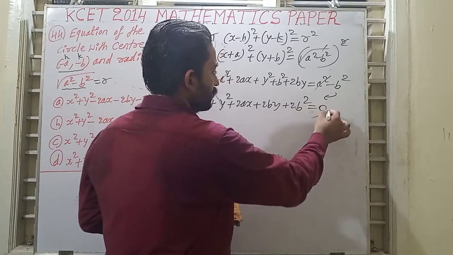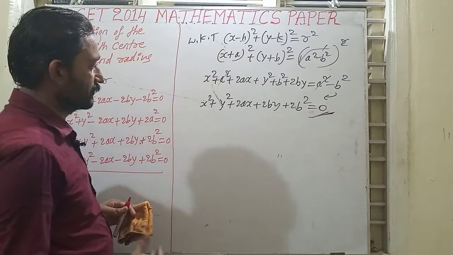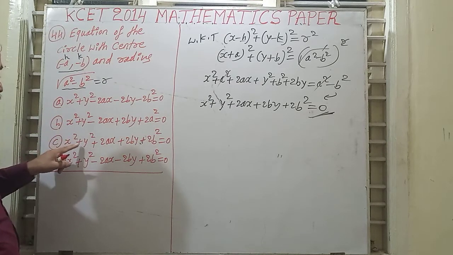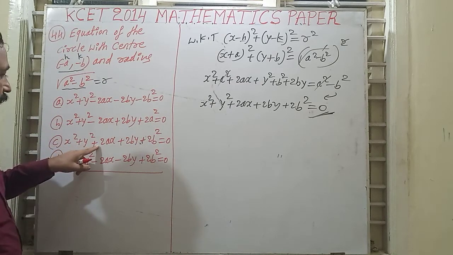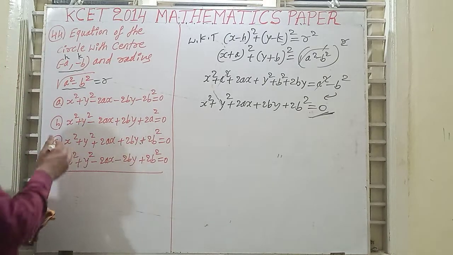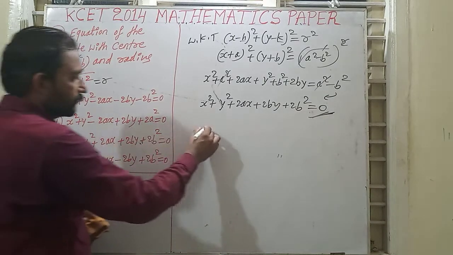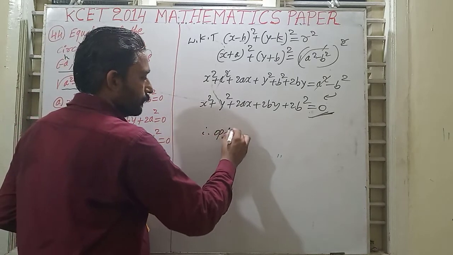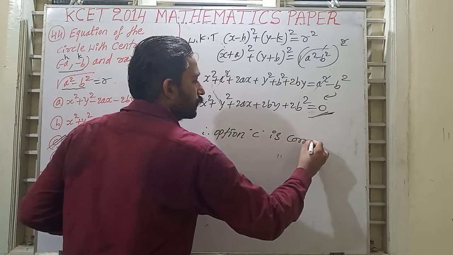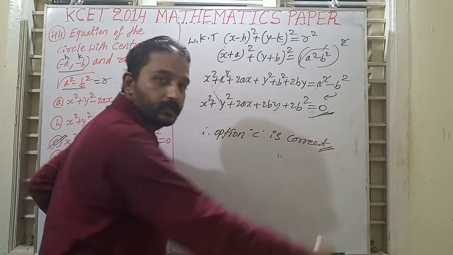This is the good answer. But which option matches this answer? Check. So x square plus y square plus 2ax plus 2by plus 2b square is equal to 0. So option C is correct. Good answer. Okay. So take down.